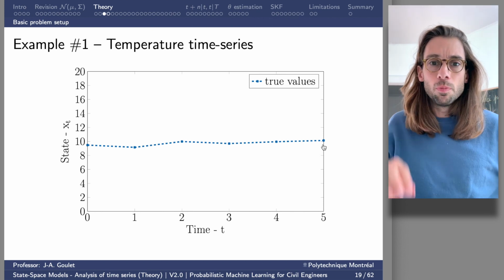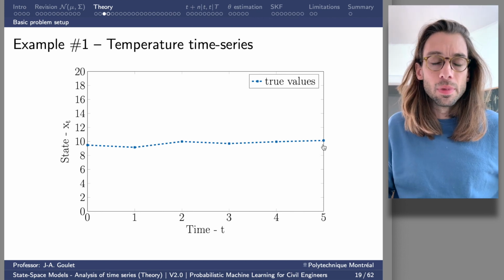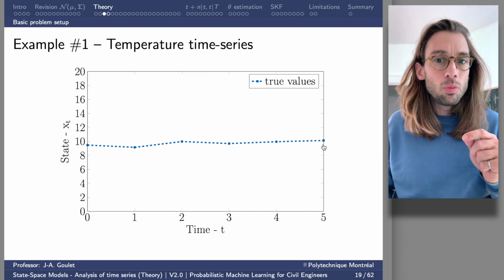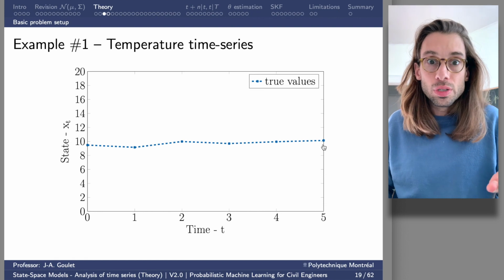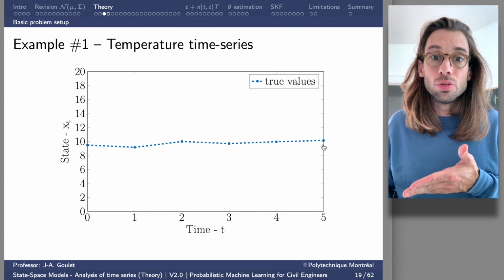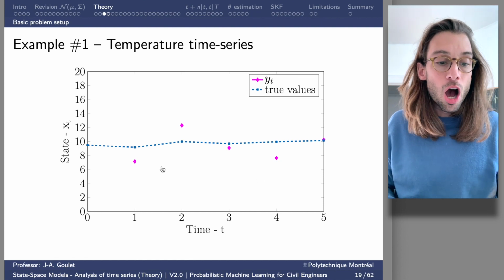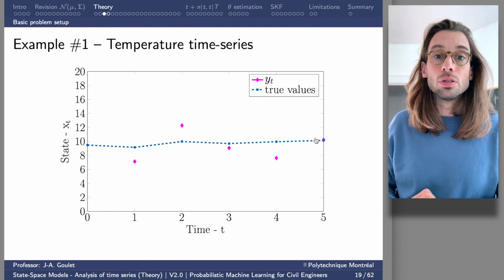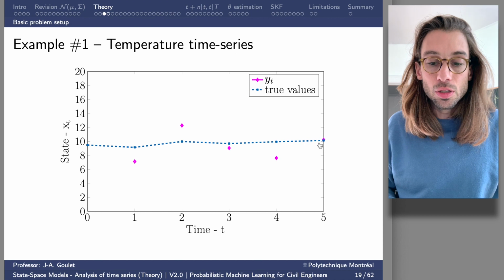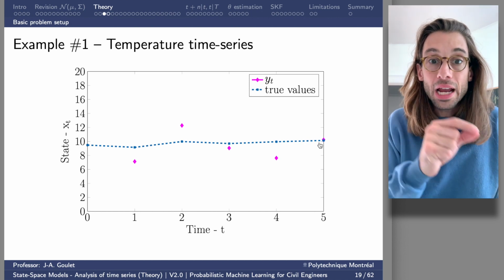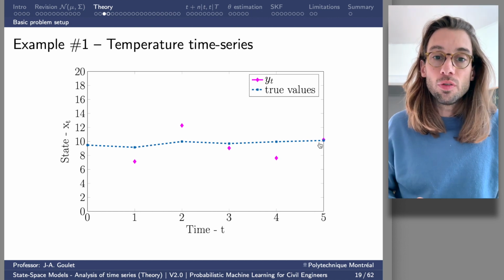So this is the most basic time series problem setup. But the issue here is that we don't exactly have access to these quantities. These are the true state, but we don't have access to these true states. What we have access to are imperfect observations. The pink diamonds you see here are my y_t, my inexact observations.